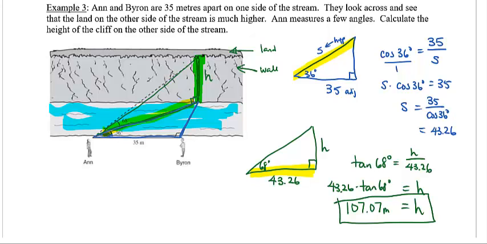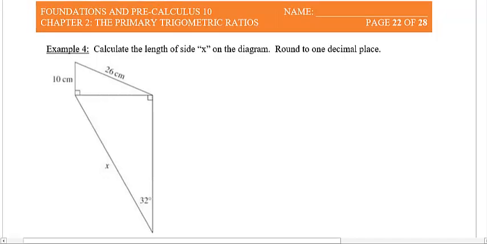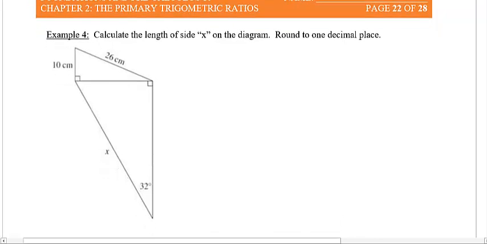All right. Okay, if you're set, we can move on to two more, and then I think that's it for not just this lesson, but this chapter. You've learned everything you need to learn for the chapter 2 topic of primary trigonometric ratios. For this one, I'm going to let you try this yourself, perhaps.